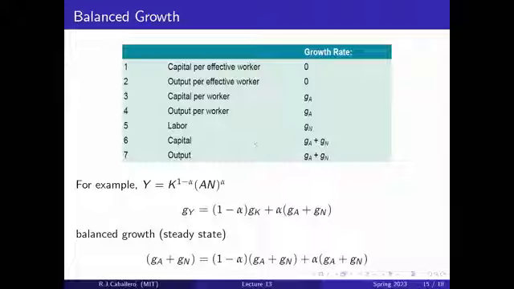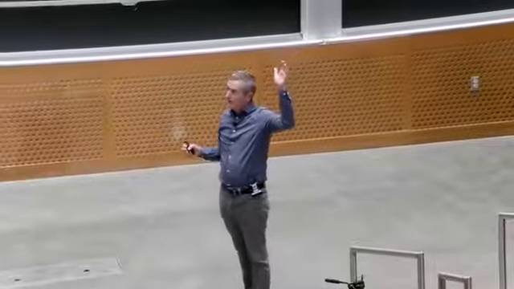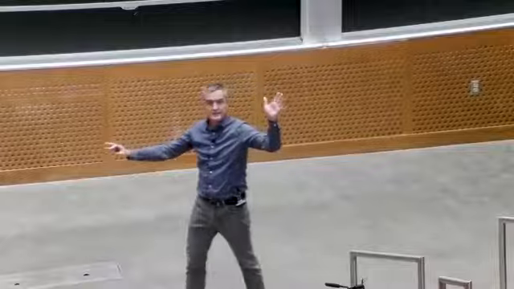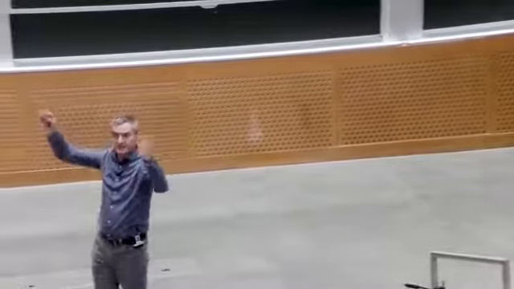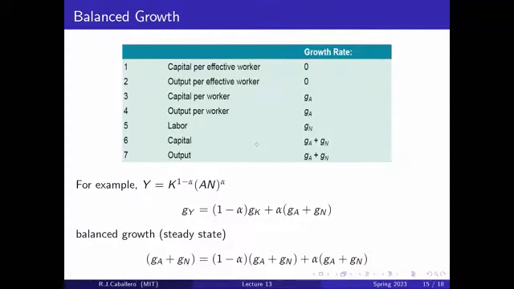So capital per effective worker will be a steady state. That's the diagram we plot. Remember, the diagram we plot was output per effective worker against capital per effective worker, and that diagram had a steady state. At the steady state, or the balanced growth point, the normalized variables grow at the rate of 0.